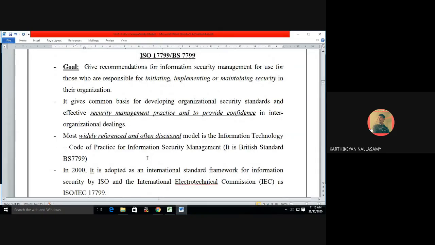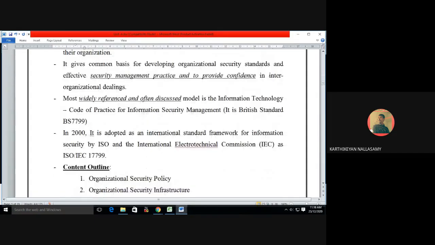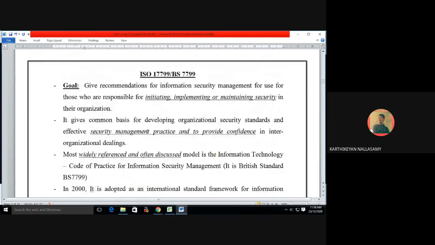The first one I am going to define is the ISO 17799 standard. Normally the goal of ISO 17799, which we may also call British Standard 7799, is to provide recommendations for implementing information security management, for initiating, implementing, or maintaining security in an organization.